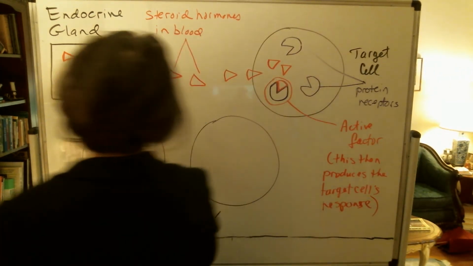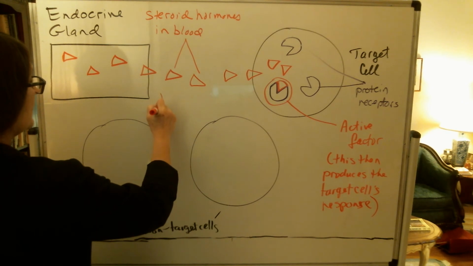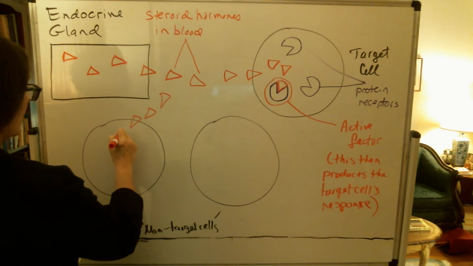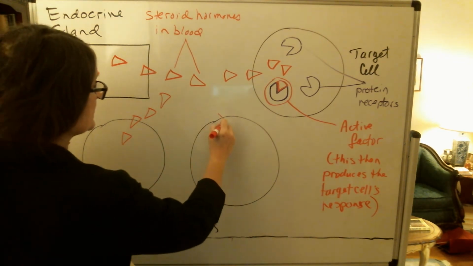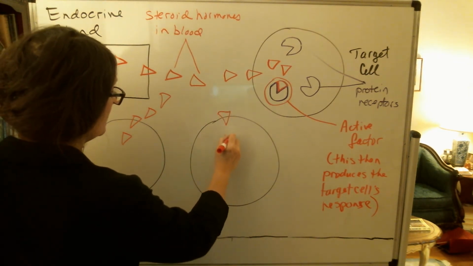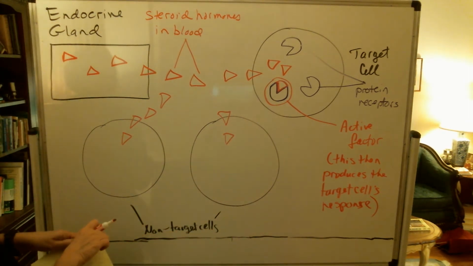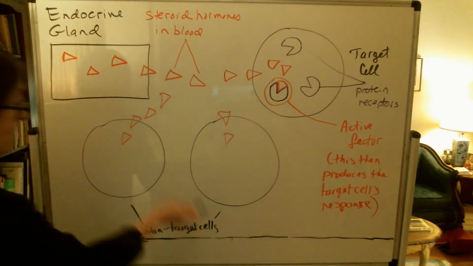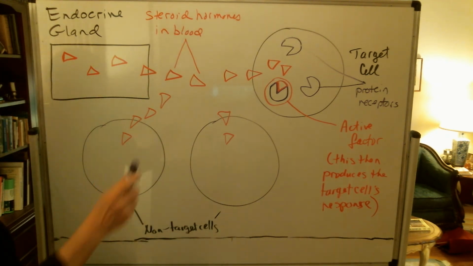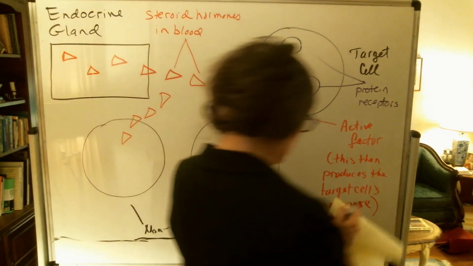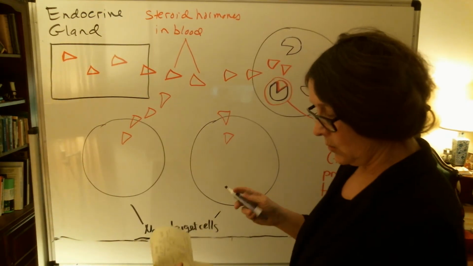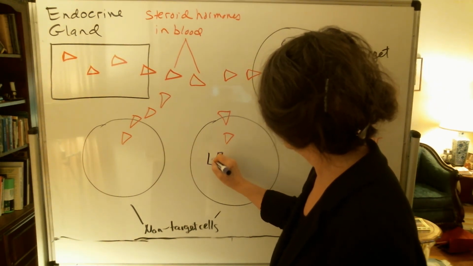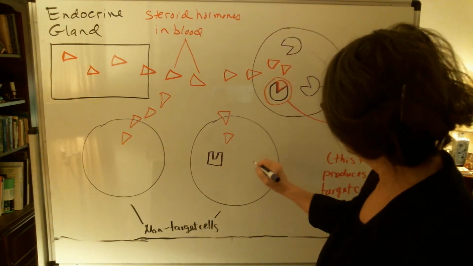Now, of course, these steroid hormones being in the blood go into non-target cells as well. Here they are. But what can happen with your non-target cells is maybe they have no protein receptors at all. That would be unusual, but as I said, there's a possibility. Or they may have protein receptors, but they may be the wrong shape.